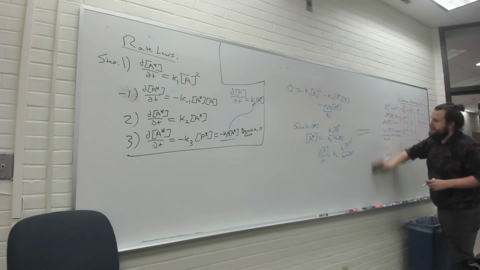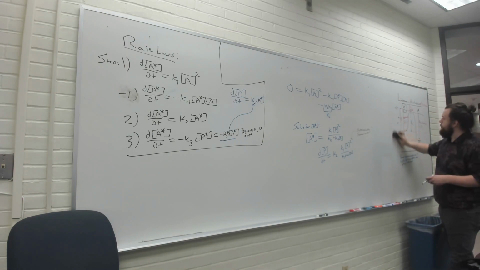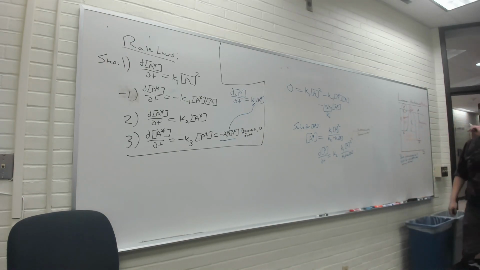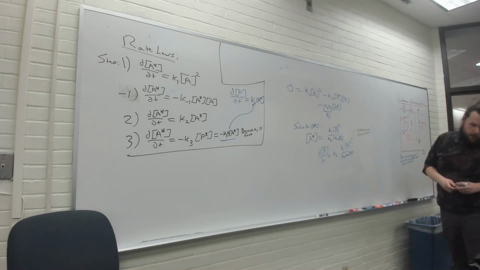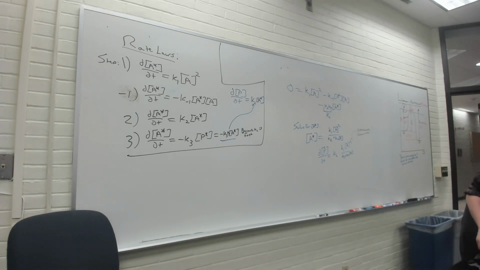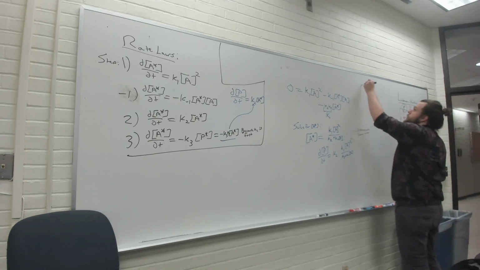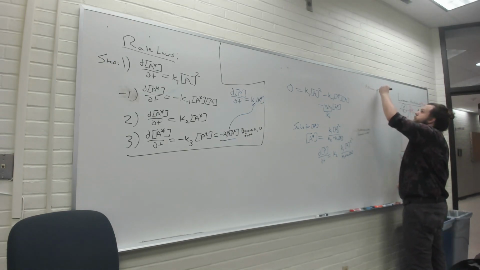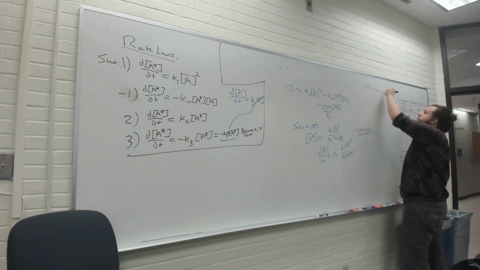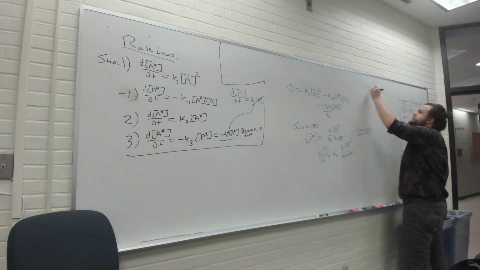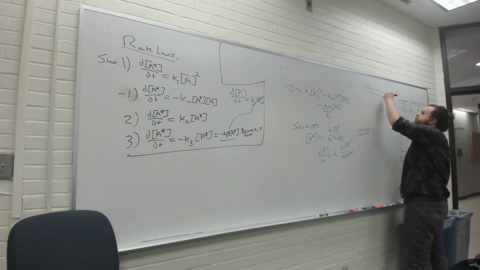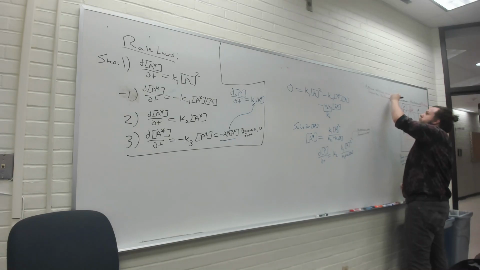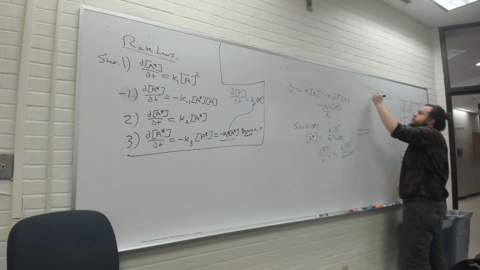But we can look at the limiting cases of this expression and see if we come up with something that seems more reasonable. Let's assume we have two limits. One is that collisions occur faster than the formation of P, or K2.